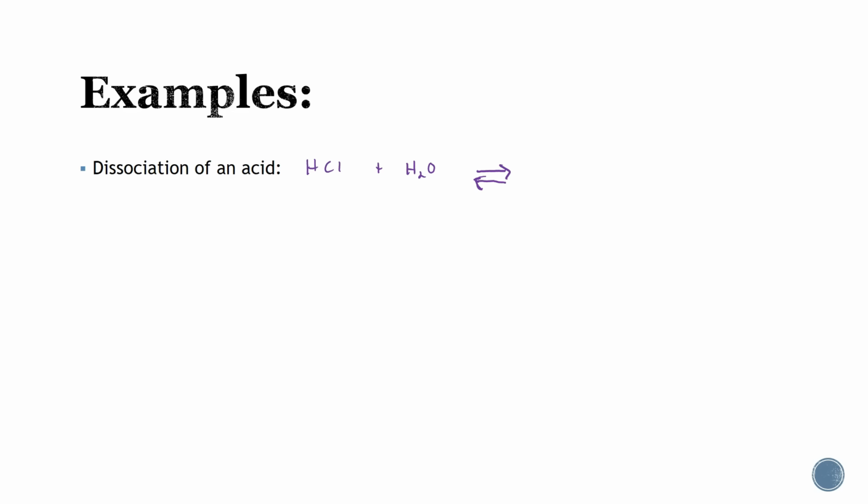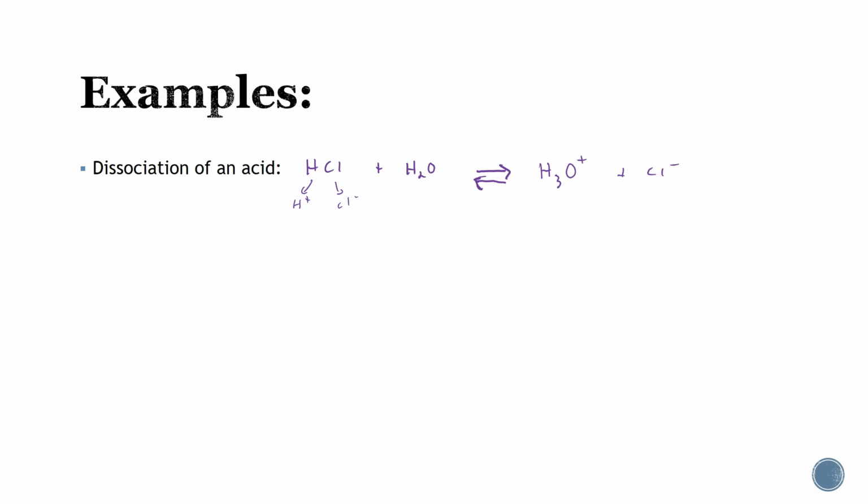If I dissolve hydrogen chloride into water, so I mix the two, remember I talked about the separation into H plus and Cl minus. Really what happens with that H plus is it's donated to my water molecule. And what I form is what's called hydronium, H3O plus, and a chloride ion.